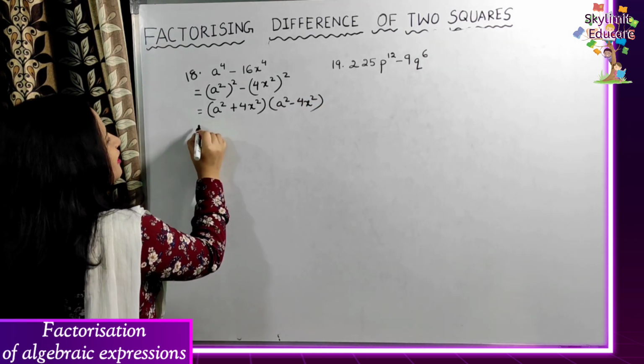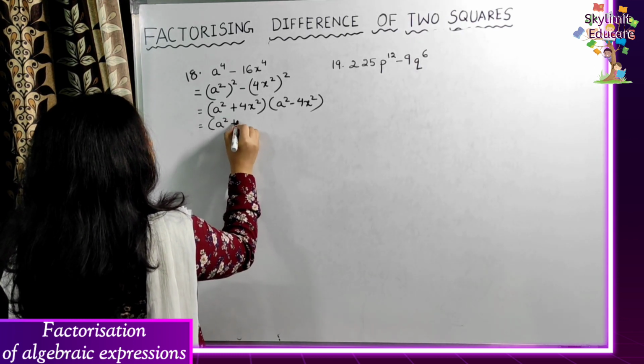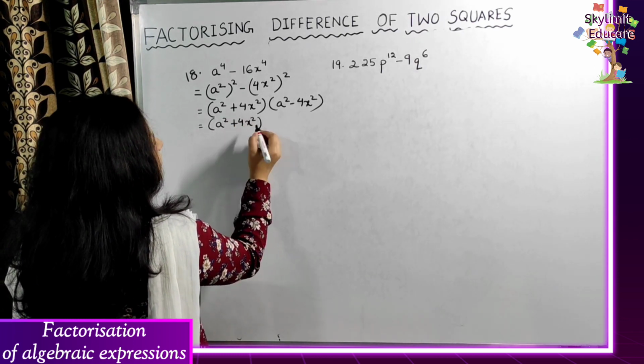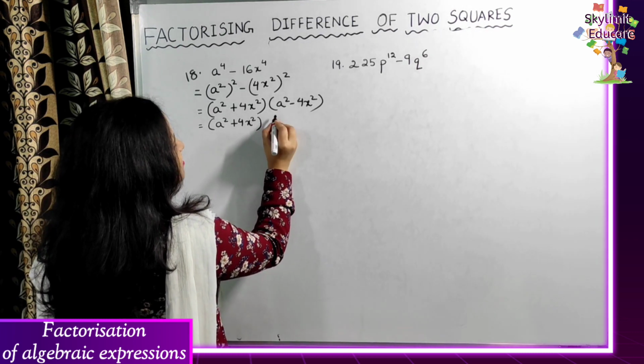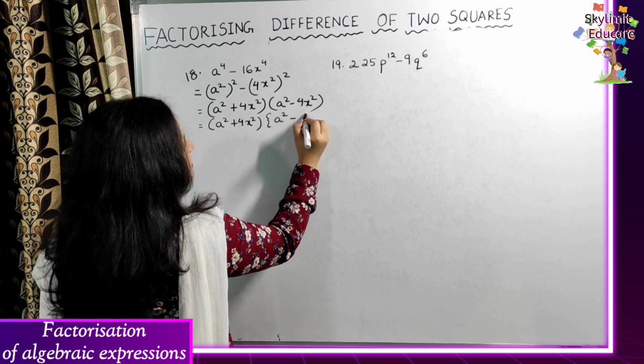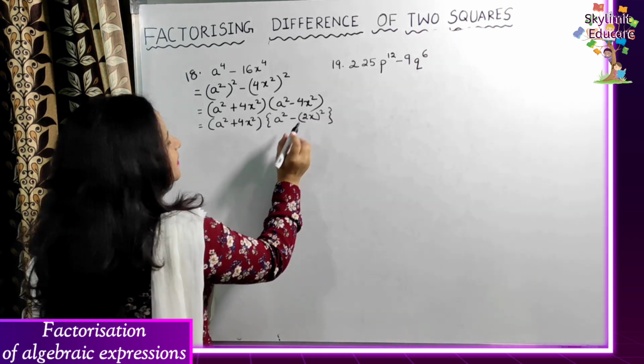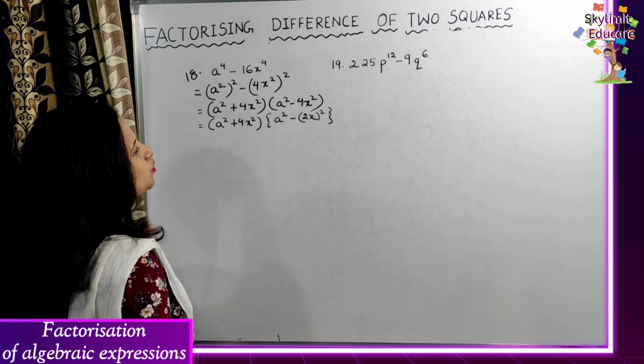Now this cannot be factorized further. This is the addition of two squares, right? So you cannot factorize it further, but this can be factorized further. You can see here. So if you want, I can just write one more step for you. So this is the square of a minus the square of b, right? What is b? That means the square root of 4 is 2 and the square root of x square is x.